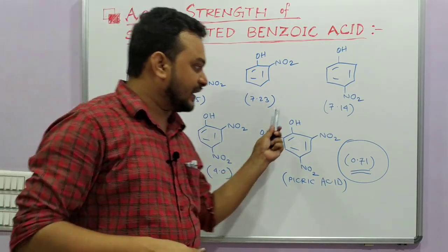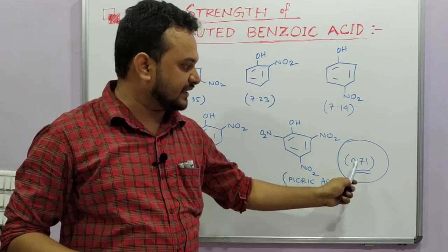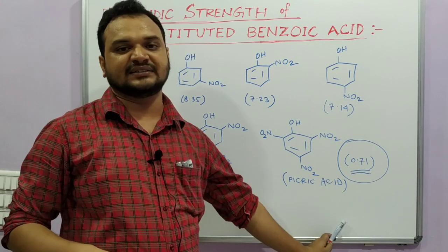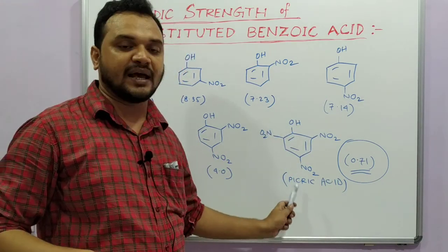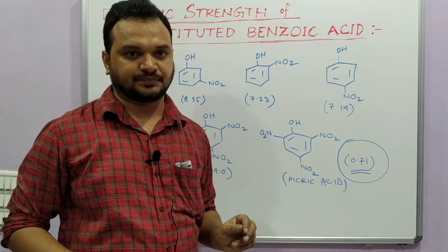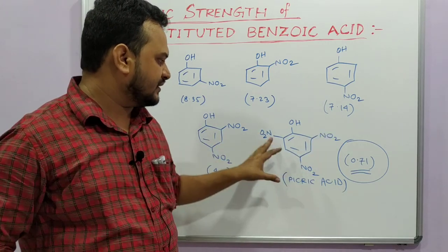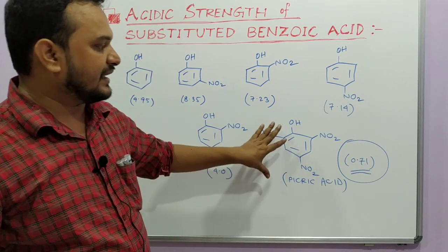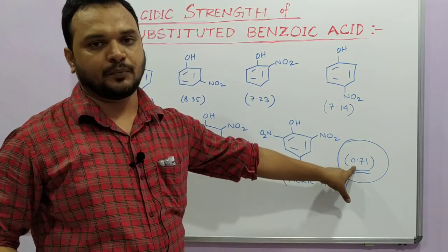It is not at all a carboxylic acid, it is a phenol compound, but it is so acidic, below 1, that it is named as picric acid. So you can see how the electron withdrawing effect of 3 NO2 groups by -I and -R effect can enhance the acidity from 9.95 to 0.71.